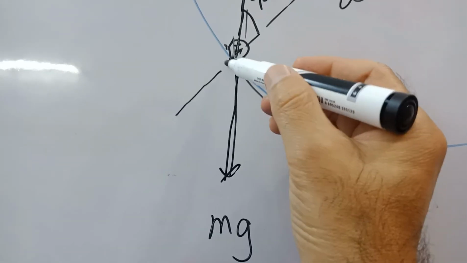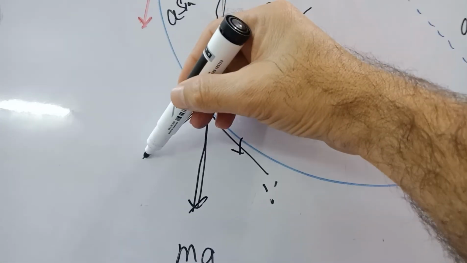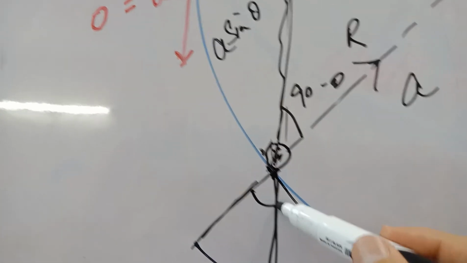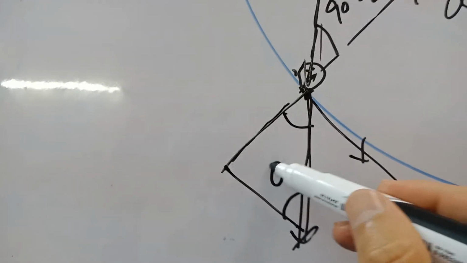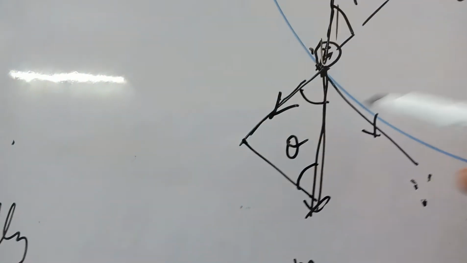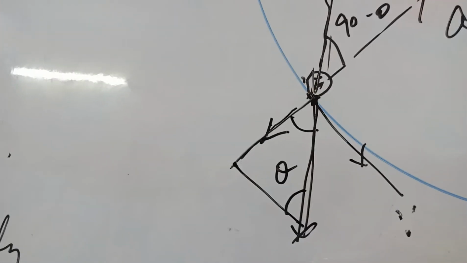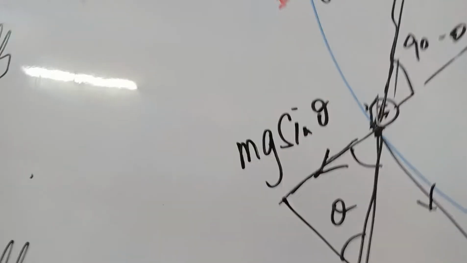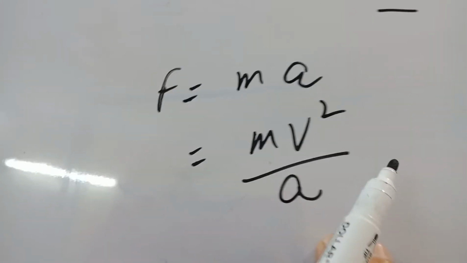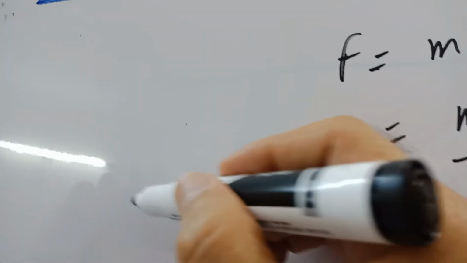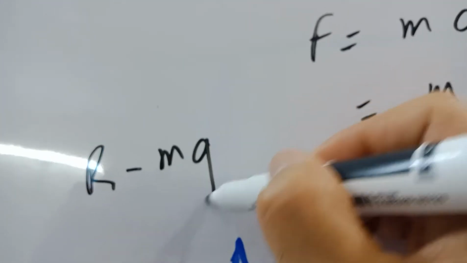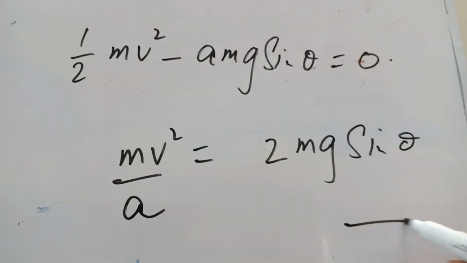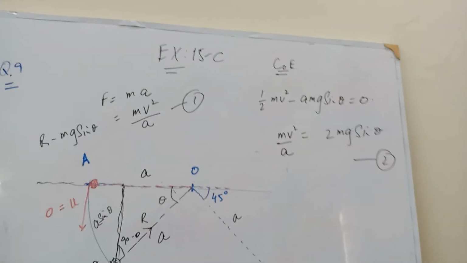So the component opposite to this R is going to be mg sine theta. Coming to F equals ma, we have R minus mg sine theta equal to mv squared over a. This is my relation number 1, and here is relation number 2.